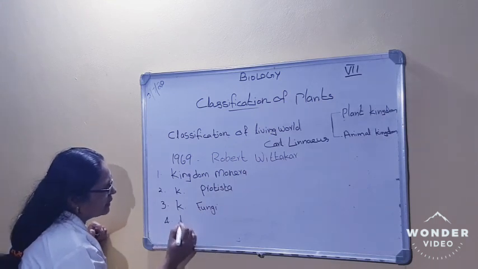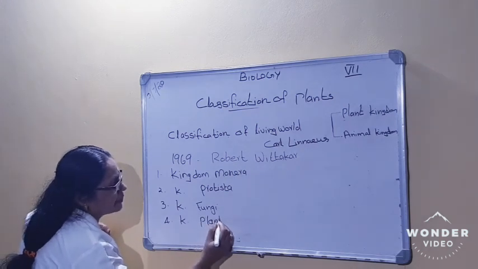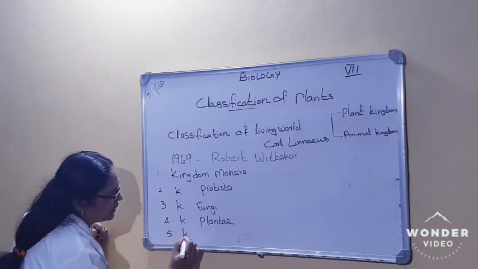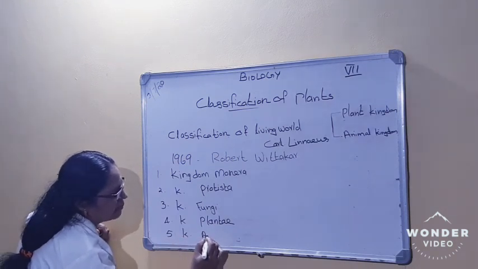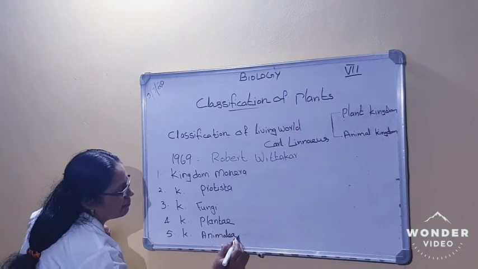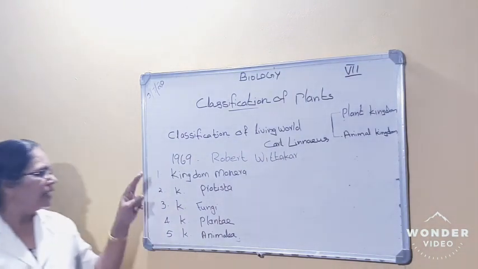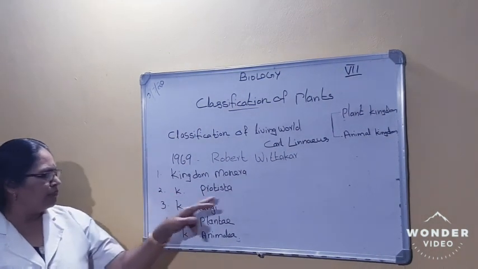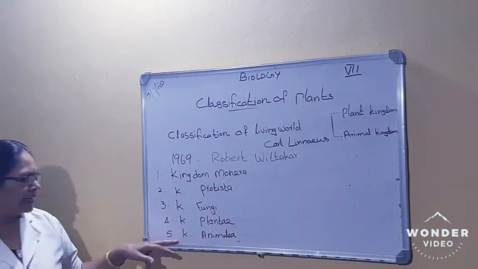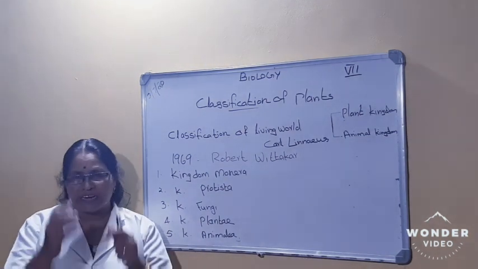Fourth one, Kingdom Plantae. And the fifth kingdom is Kingdom Animalia. So these are the 5 kingdoms: Kingdom Monera, Kingdom Protista, Kingdom Fungi, Kingdom Plantae and Kingdom Animalia. Let us study one by one the characteristics of each one.